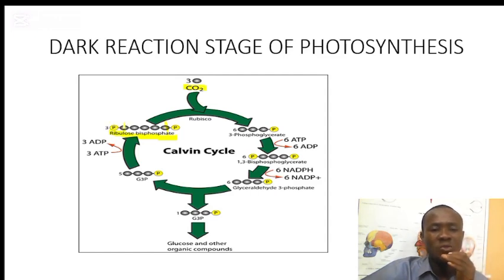And this structure you see here, which are black in color, they are carbon atoms. And when you count it, we have 5. That tells you that the ribulose 1,5-bisphosphate has 5 carbon atoms. And the 3 here is telling us the amount of this ribulose 1,5-bisphosphate.